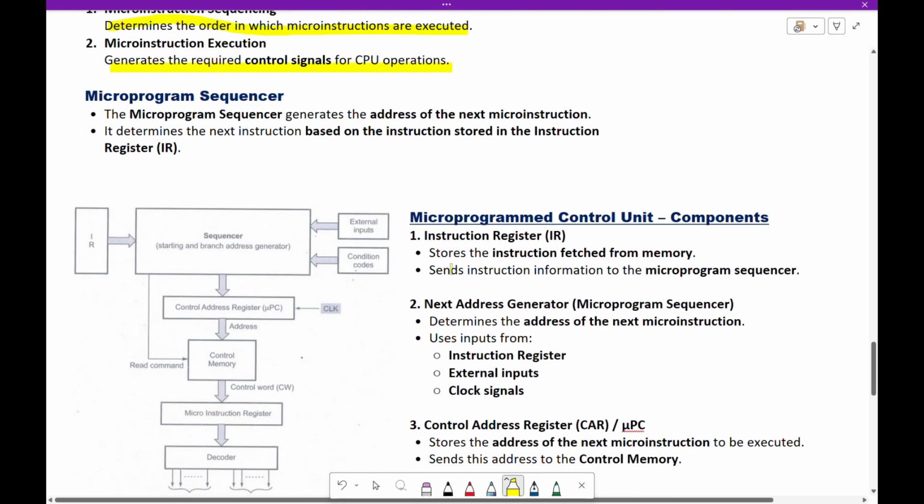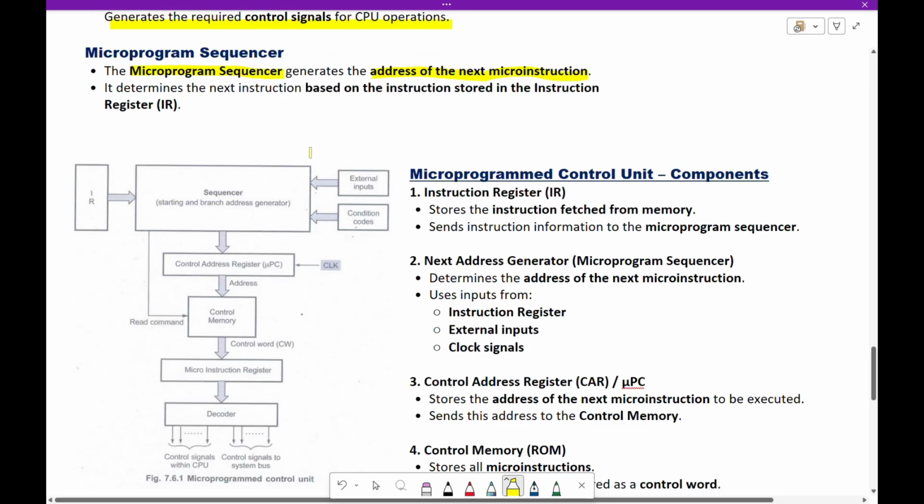So the microsequencer, the microprogram sequencer, generates the address of new microinstructions. Here you see the sequencer of the microprogram generates the address of the new instruction, like it generates a new microinstruction for micro operations.